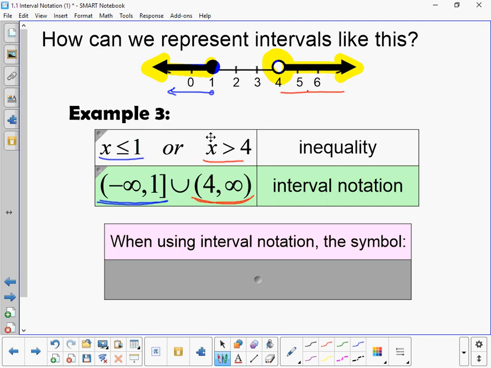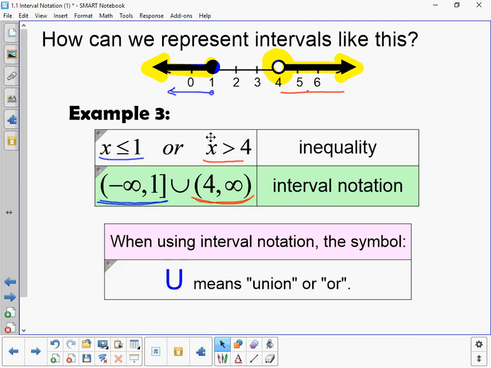X is between negative infinity and 1. This union symbol is a mathematical symbol that just means or. The reason that it's a U is it's for the word union, but it means or in math. So we have the interval that from negative infinity to 1 or from 4 to infinity. X is in one of those two parts.